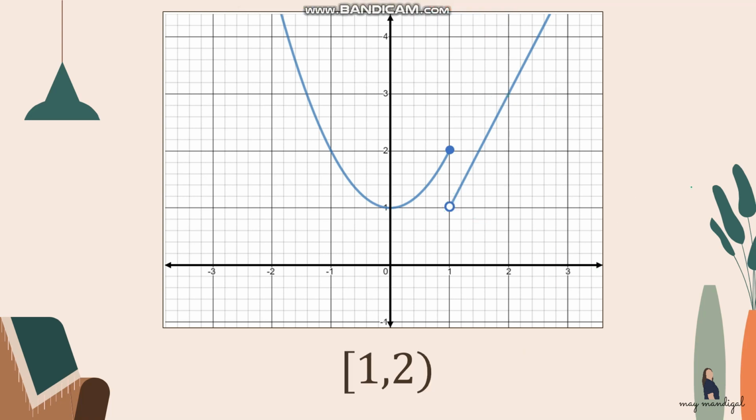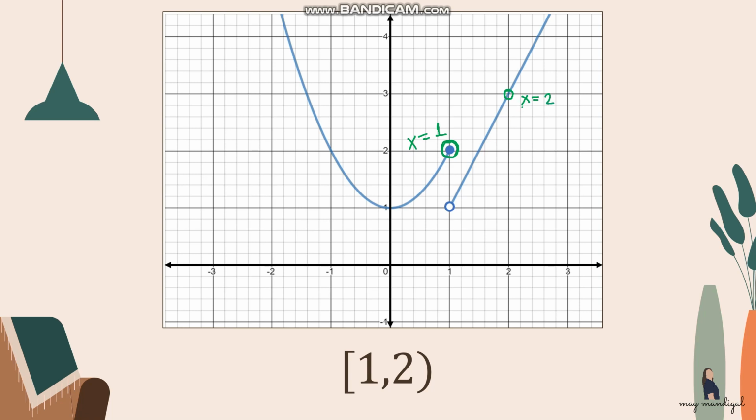Another one, let's say we have 1 included up to 2 not included. Since 1, the value of x, is included, I have to use this point right here. This is where x equals 1 is included in our graph. And then 2 not included, so I just have to create a hollow circle there. This is where x equals 2 is.